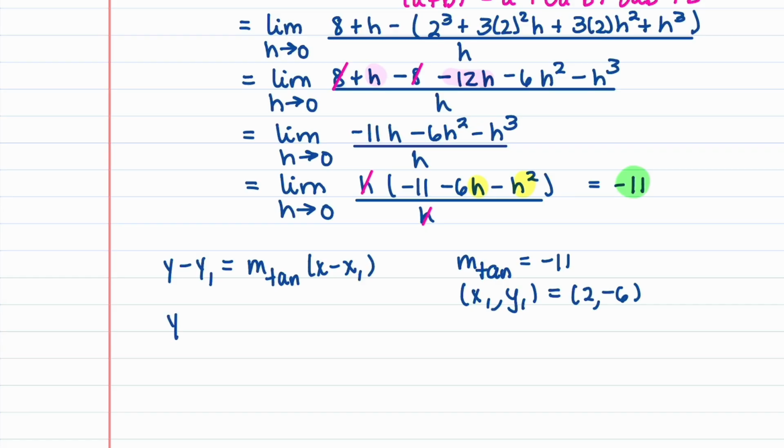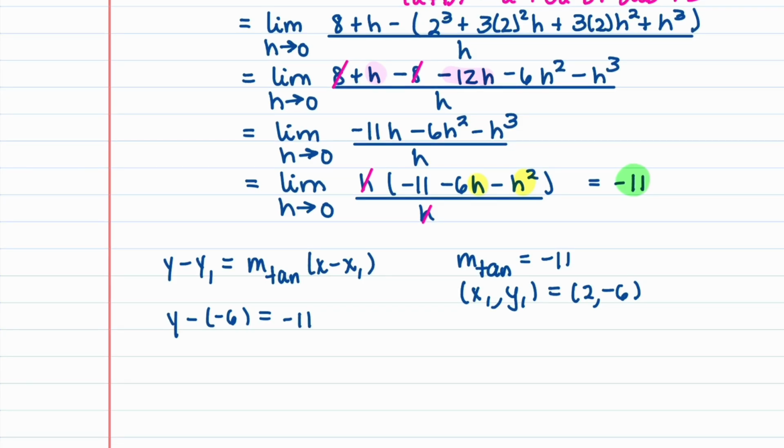This gives us y minus y1, which is minus 6. We have to be careful with the negative there. The slope of the tangent line is minus 11, and we have x minus 2. This is y plus 6 is equal to minus 11x plus 22.